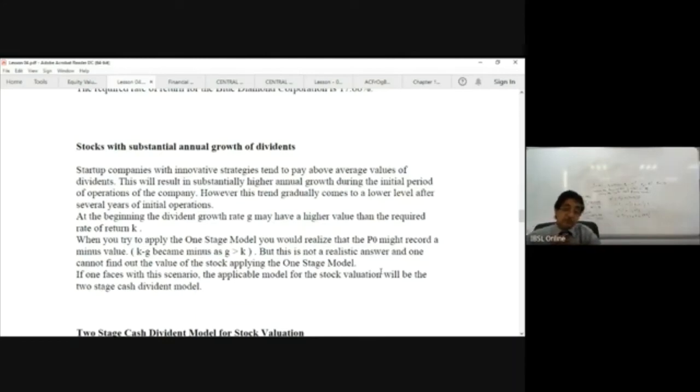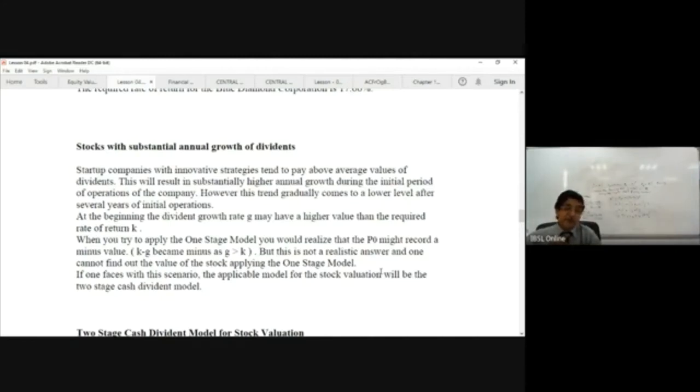So what happens is, when this happens, G would be higher than the required rate of return.